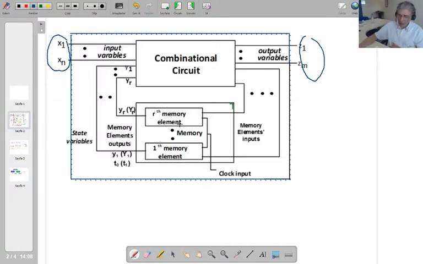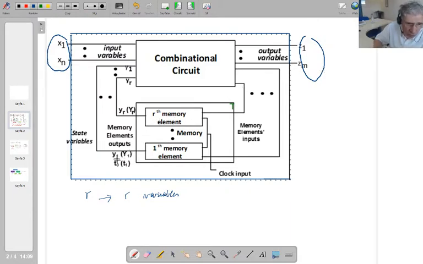In this circuit, we've got our memory elements. Memory elements, that means R number of variables additional to these input variables. So we said input variables are not enough to determine what the output is. We need additional variables.